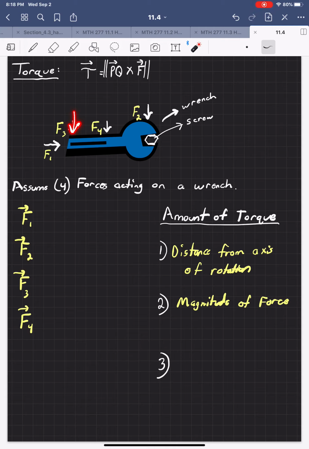And finally, there's one more property here, and that is the angle at which you apply the force. That angle of the force, and of course, that's again relative to the axis of rotation.